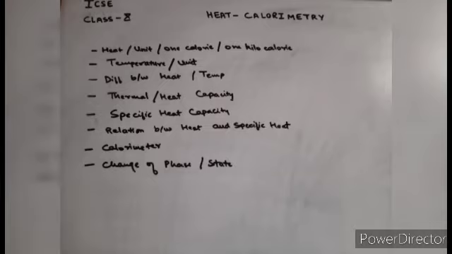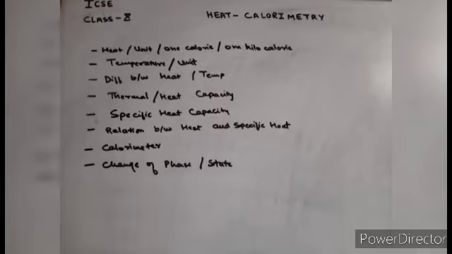1 calorie is the unit of heat energy required to raise the temperature of 1 gram of water through 1 degree Celsius. You can be more specific: 1 calorie is the heat energy required to raise the temperature of 1 gram of water from 14.5 degrees Celsius to 15.5 degrees Celsius. Why am I taking this specific?